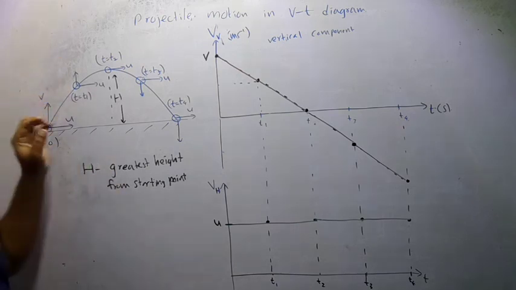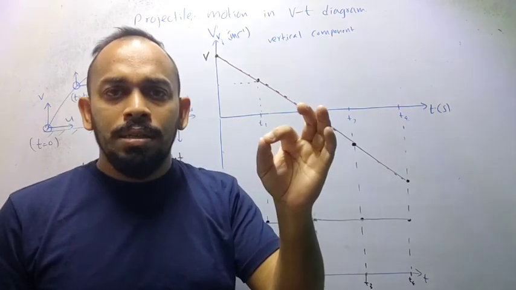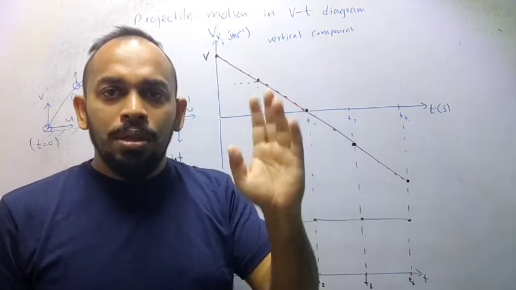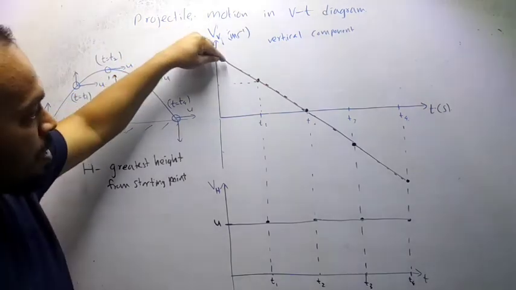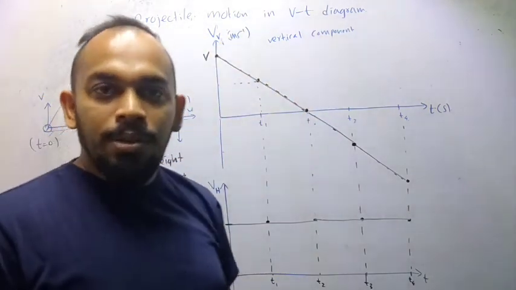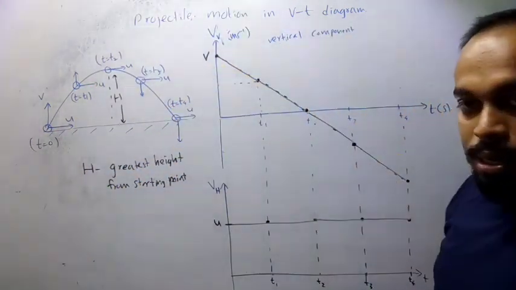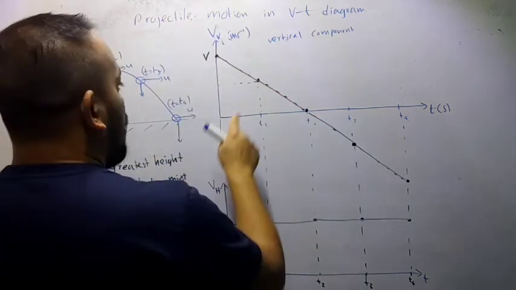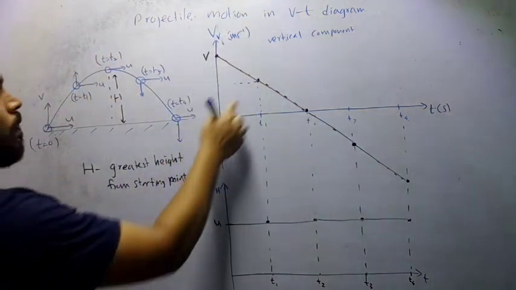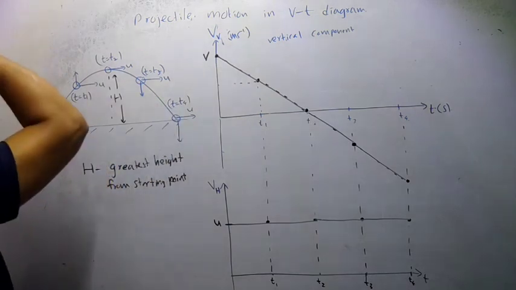If continuous time can be measured, we get these points, and then a line. If you want, you can find these components.